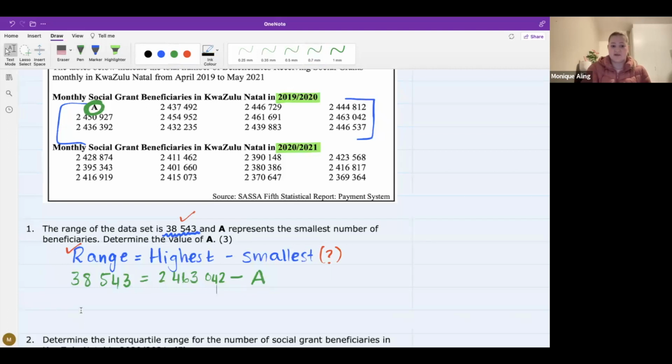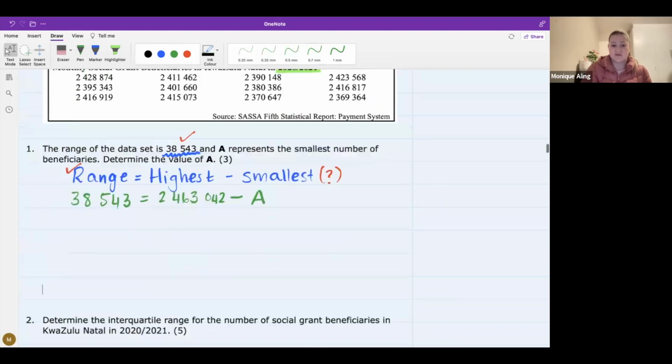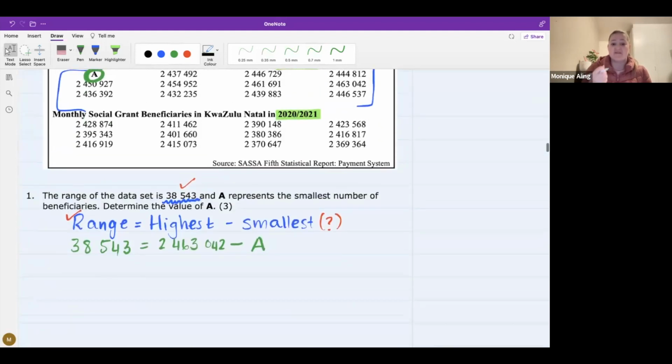Okay, we now need to manipulate this formula so we can get A by itself, so we can figure out what A is. In order to do that, because it is minus A on this side, I'm going to move A to the other side of the equal sign.